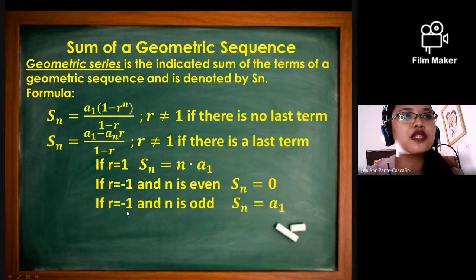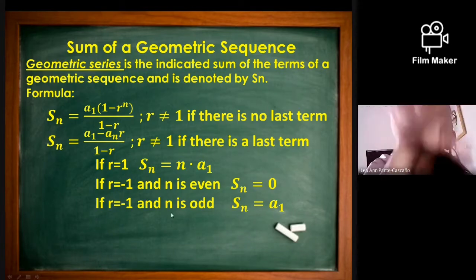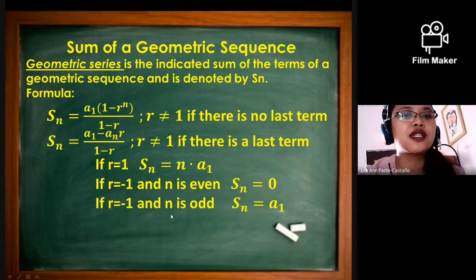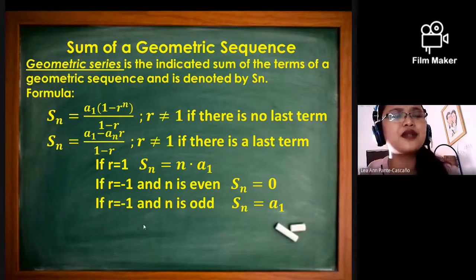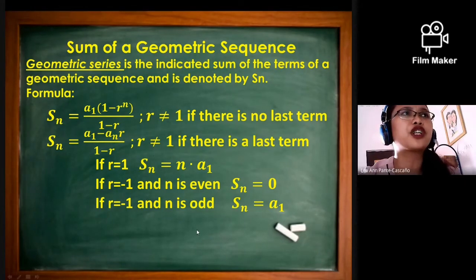If the common ratio is negative 1 and n is odd, S sub n is equal to A sub 1. Now, this formula is very important. You can screenshot or copy it, so that you at least have an idea of the formulas for the geometric series, the sum of a geometric sequence.